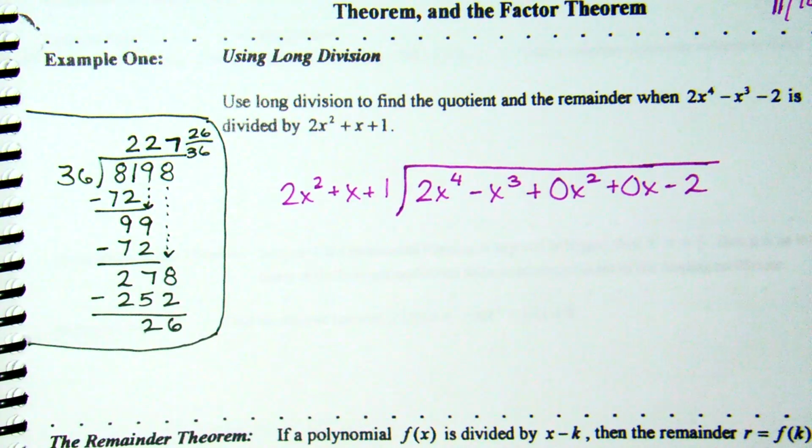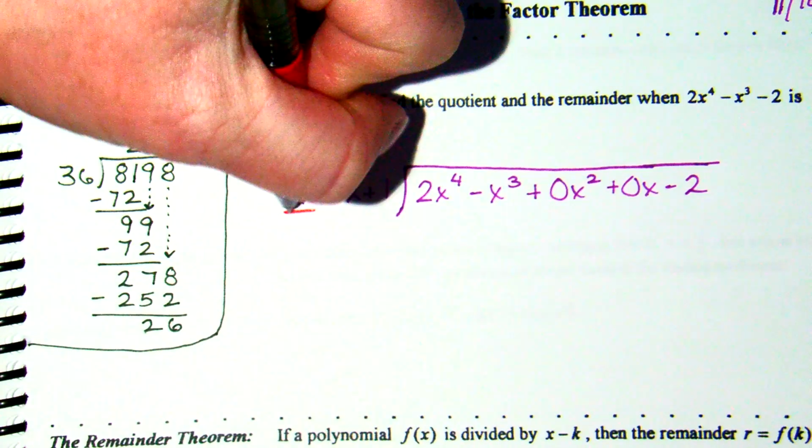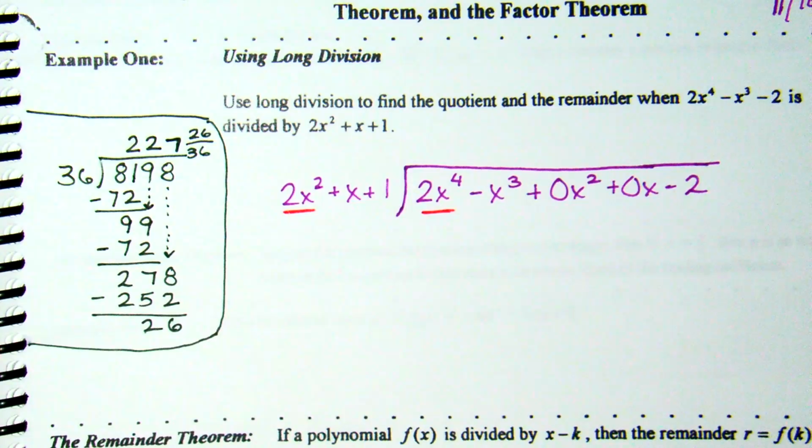So, unless anyone really remembers what they're doing here, I have a feeling I probably need to take the lead. I'm going to start, and hopefully everyone can see this, in red. The first term in the divisor, and the first term in the dividend, okay? So I'm going to ask myself, and if we think in terms of our division wording, we usually say, how many times does 2x squared go into 2x to the fourth?